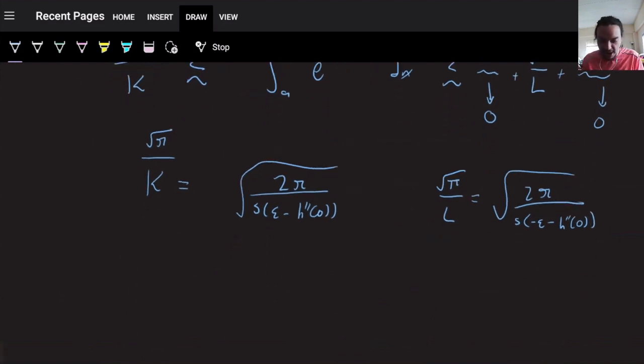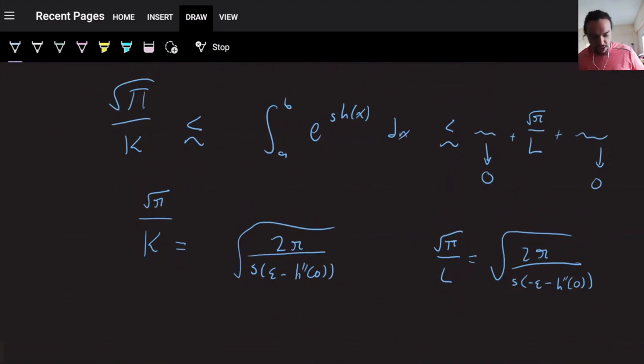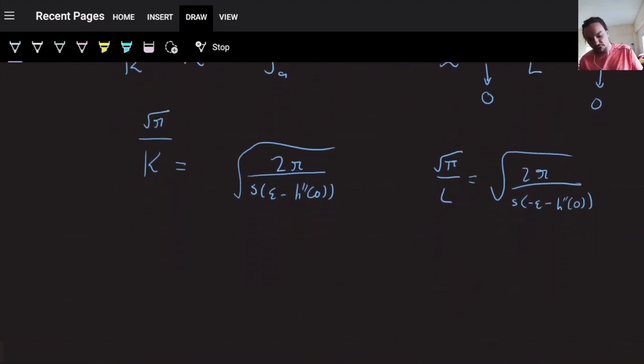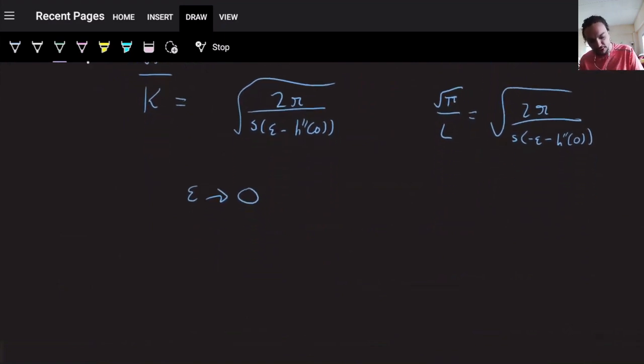Okay, so now we have these two things, which are going to give us something that we want as epsilon goes to 0. So we picked epsilon arbitrary, so now let epsilon go to 0. The epsilon is going to go away.